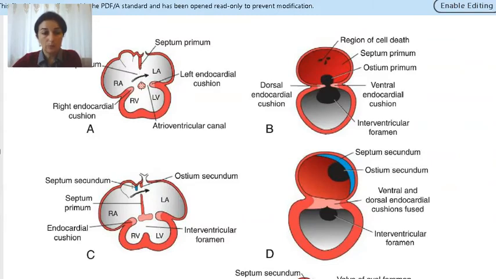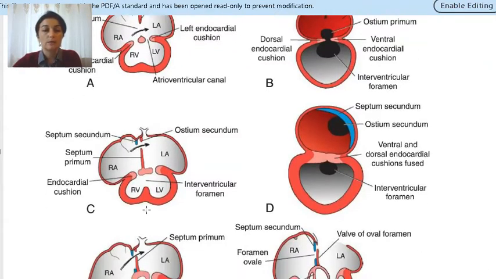So the septum primum temporarily will separate the two atria from each other. Then in the proximal part of this septum primum, we will see death of cells.